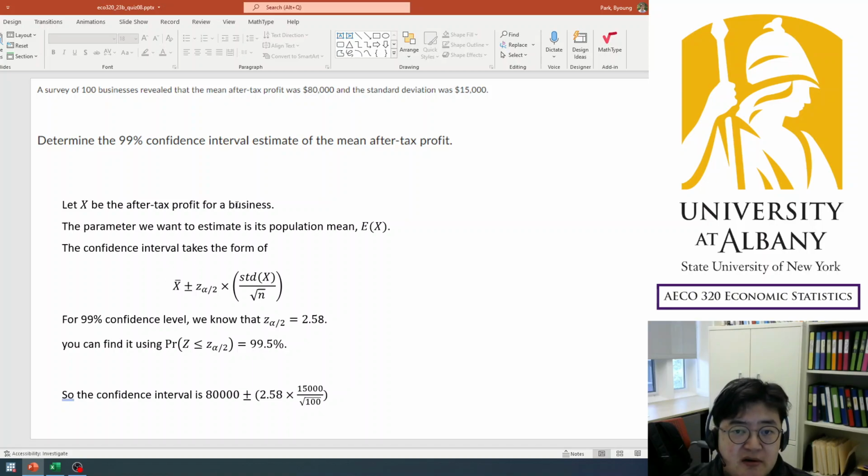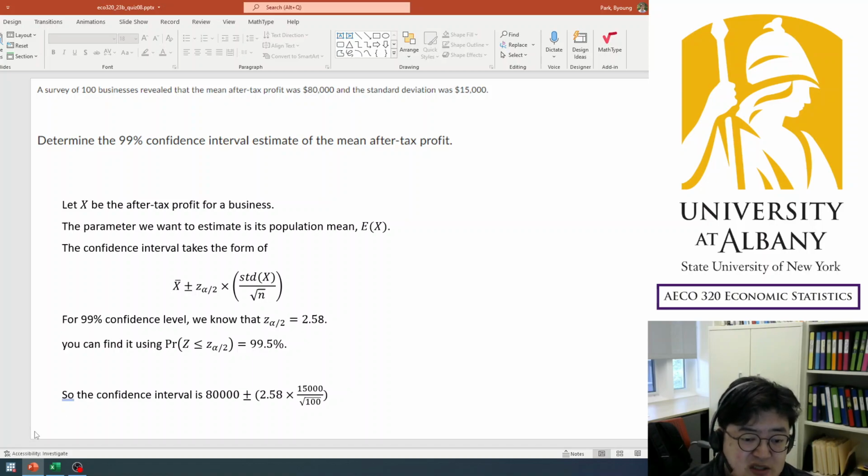X bar, given here, 80,000. Z alpha over 2, which we need to do a little calculation for, or you can take from the textbook or lecture note. And standard deviation, given here. Sample size, given here. So sample size 100, standard deviation 15,000, average 80,000. So you only need lowercase z for the 99% confidence level.